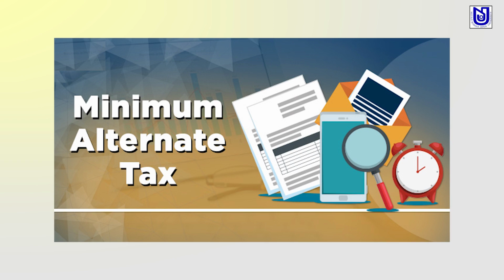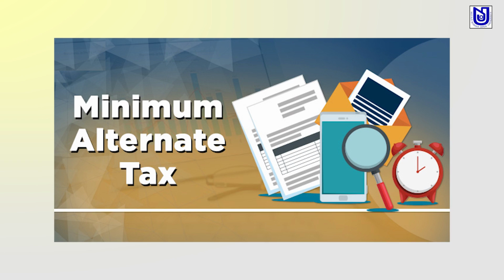Now, as we have already stated, under the MAT provision in terms of Section 115JB, every corporate body, whether it is a domestic company or a foreign company, is covered. In the last class, we discussed what is meant by a domestic company and a foreign company.